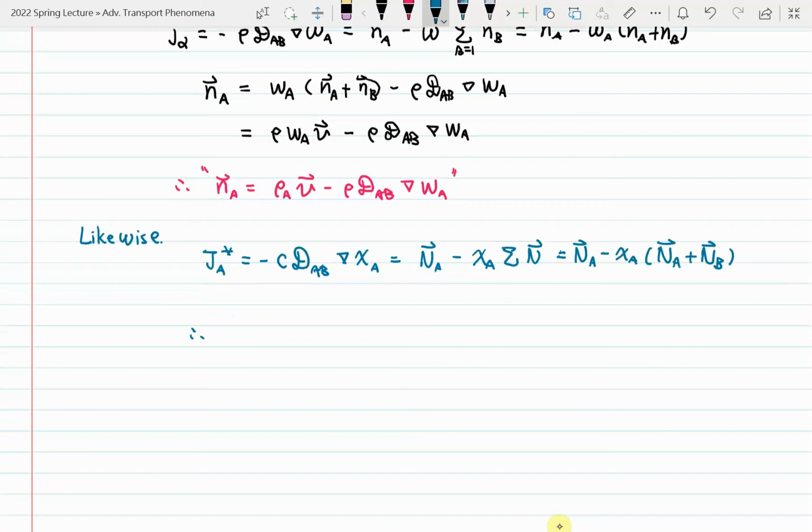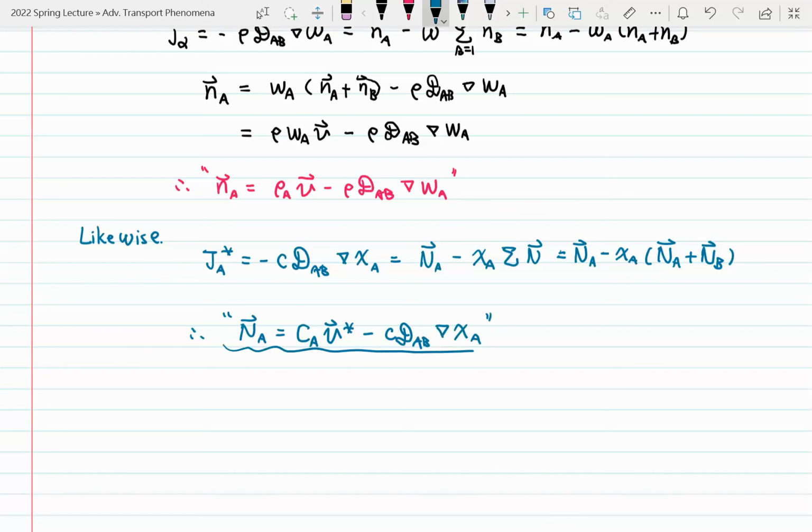So we get NA equals CA V star minus C DAB gradient of the mole fraction.